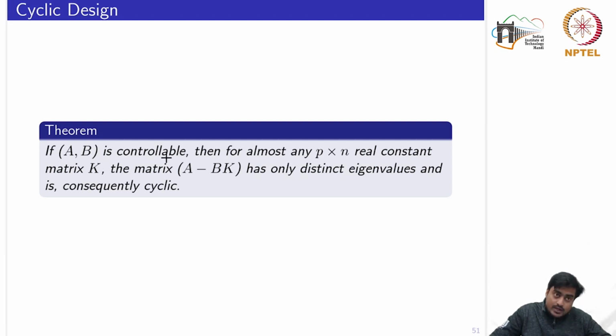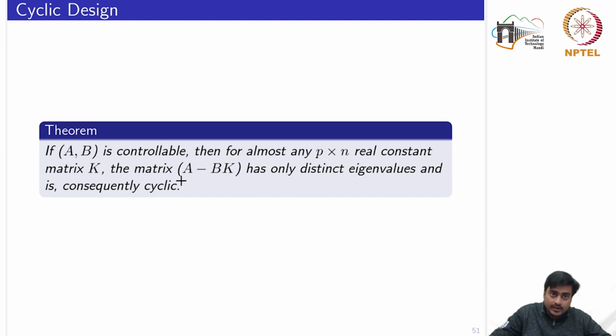if the pair A comma B is controllable, then for almost any matrix K, we can put any matrix K such that this matrix would have distinct eigenvalues and would definitely be a cyclic matrix.